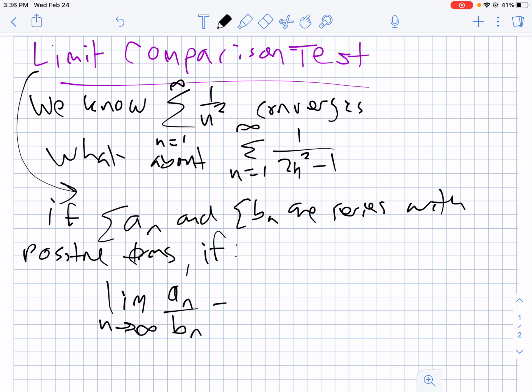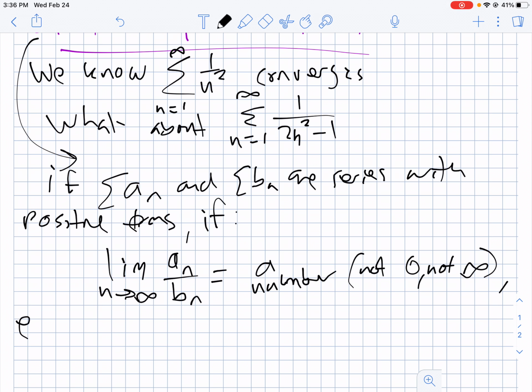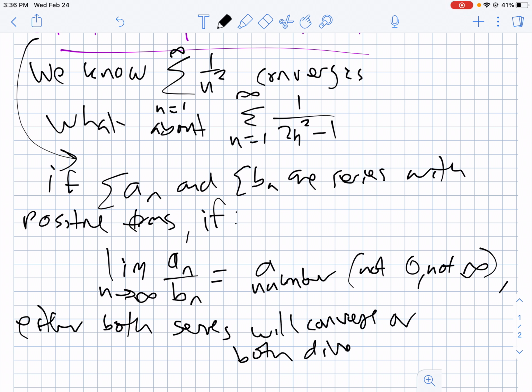If this limit is equal to any number which is not 0, and obviously if it's a number, it's not infinity, then what that means is either both of those series will converge or both of them will diverge. So either both series converge or both series diverge. Basically, they're going to have the same behavior.